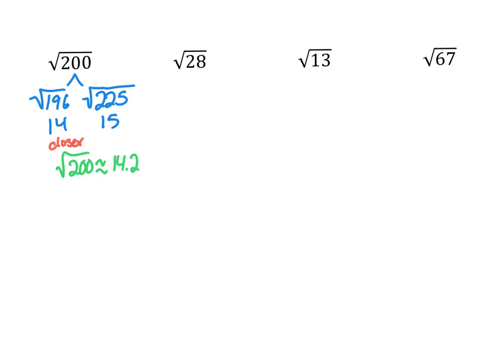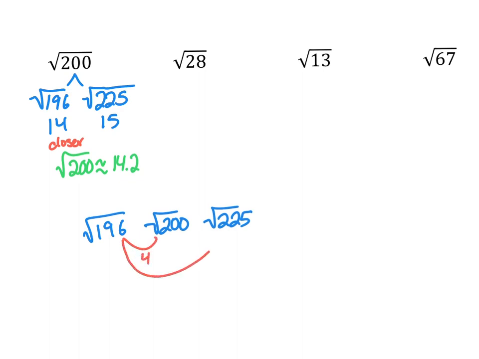If I wanted to get a more exact decimal, then I'd write these 3 radicals, the square root of 196, the square root of 200, and the square root of 225. We are 4 away from 196 out of the total distance of 29. So that means that the square root of 200 is approximately 14 and 4/29. You can do long division, and you can get that 4/29 is 0.138.